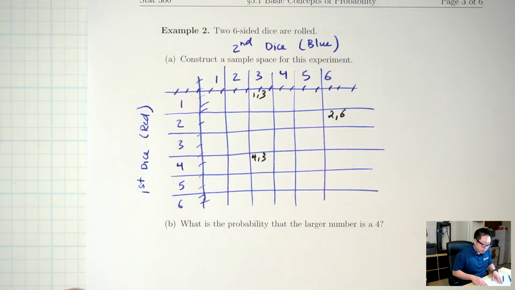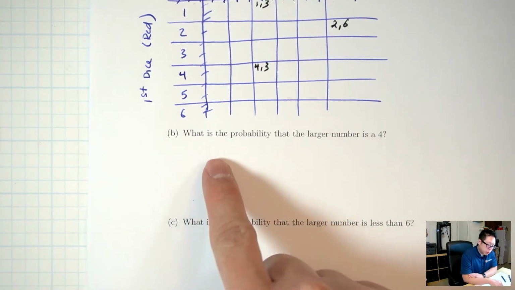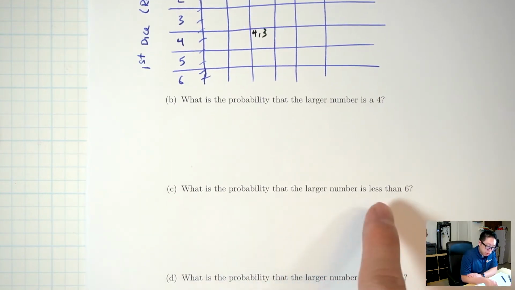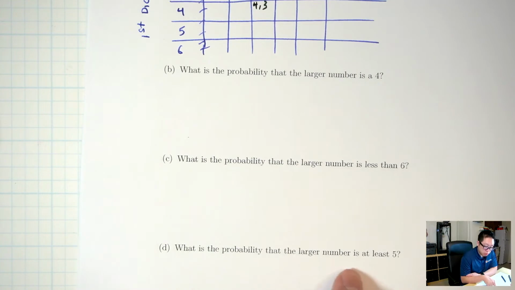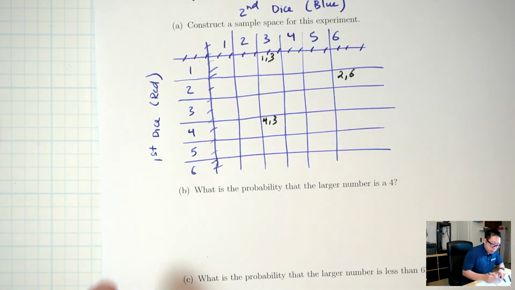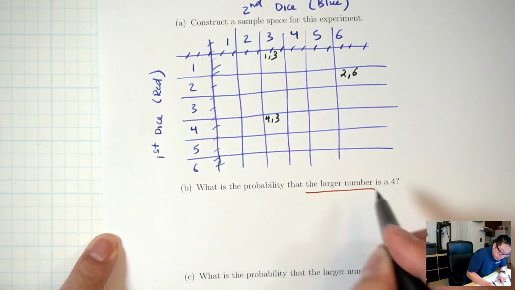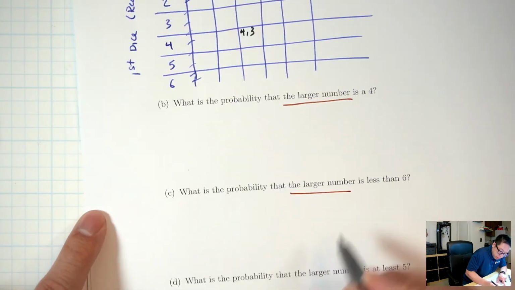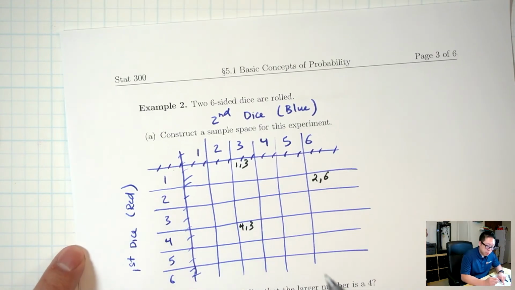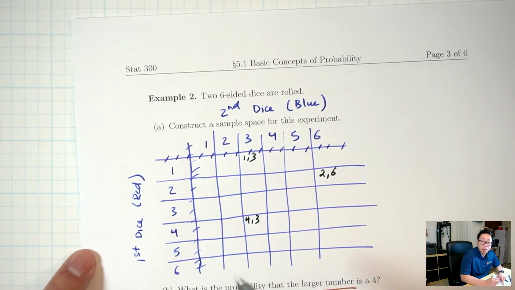Now, if I go to my questions here, I'm asking what's the probability that the larger number is 4, what's the probability that the larger number is less than 6, what's the probability that the larger number is at least 5. So what I care about here is the larger number. Inside the boxes, I'm going to list the larger number.